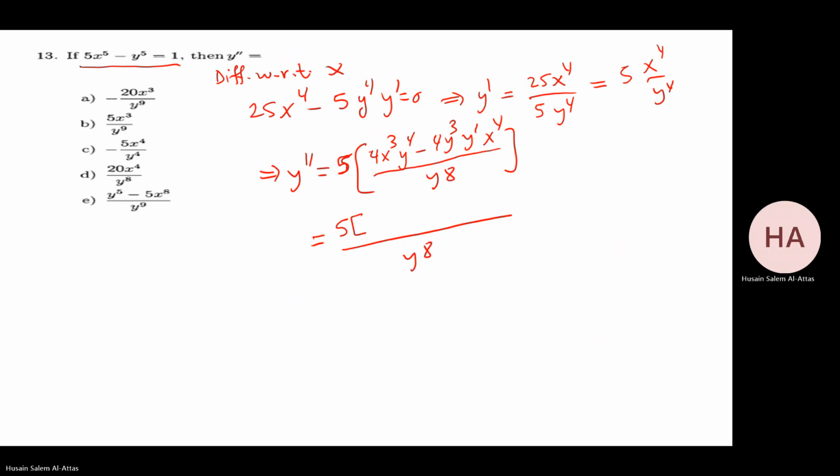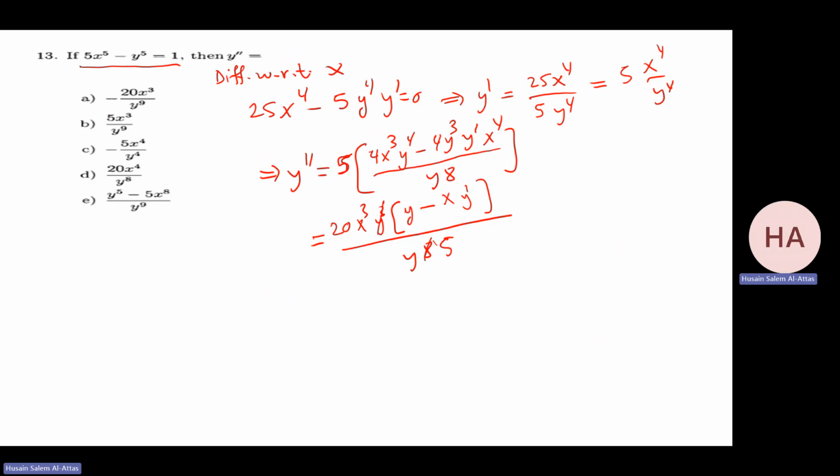Here I can take x cubed y cubed as common factors right away. Yeah, and 4 actually, so that will make it 20. Okay, 4 and x cubed y cubed. So I have y minus x y prime.